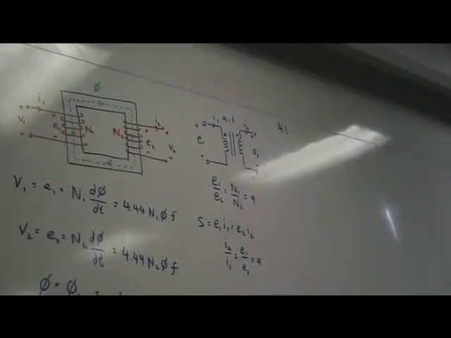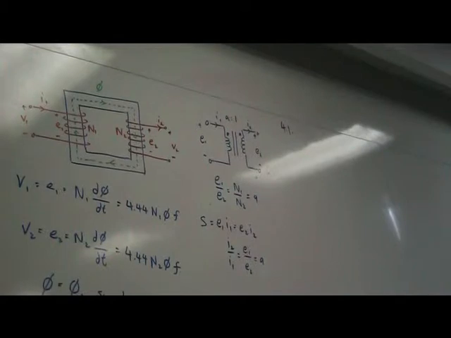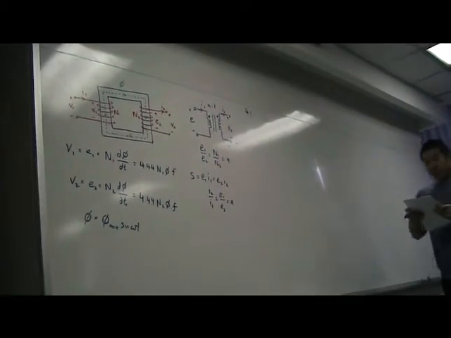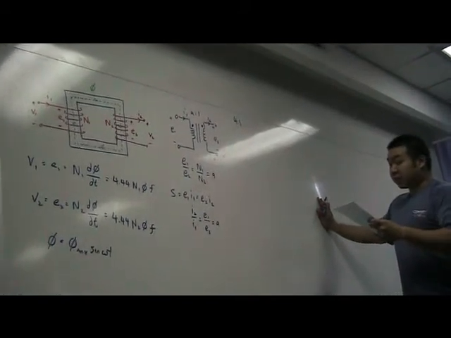Any questions about the ideal transformer? No. Okay, so we look at the first question. You have a single phase 1 kVA 60 Hz transformer that has 120 turns on the primary, and you're supposed to calculate the turns ratio.